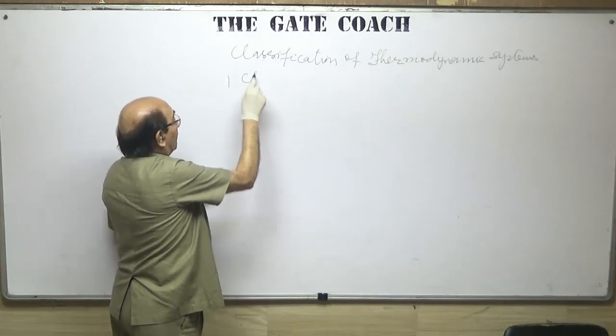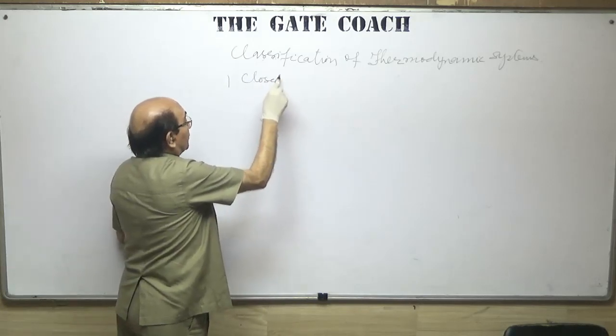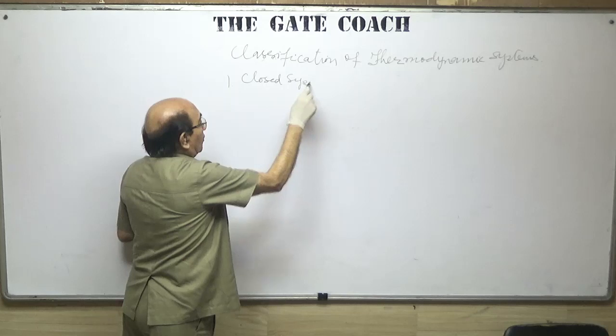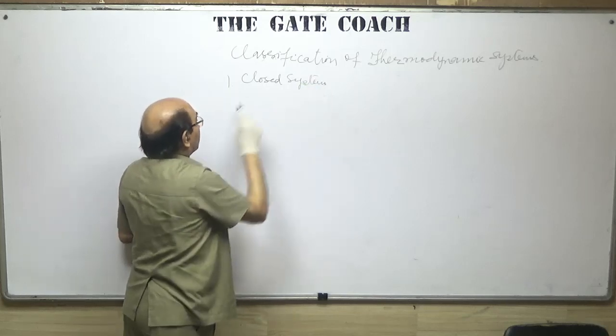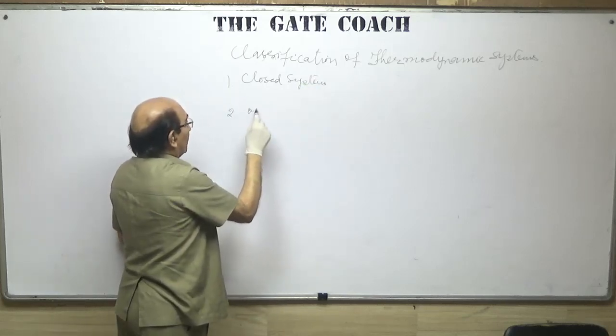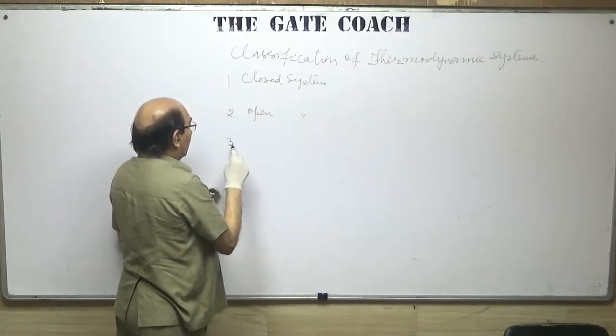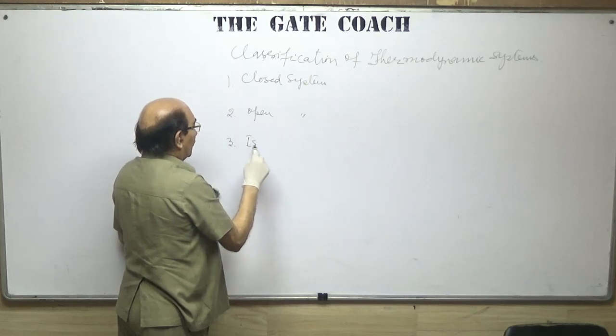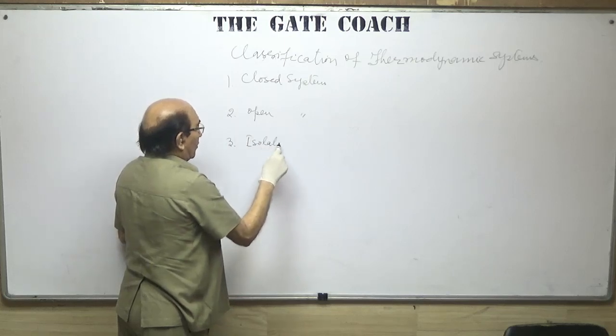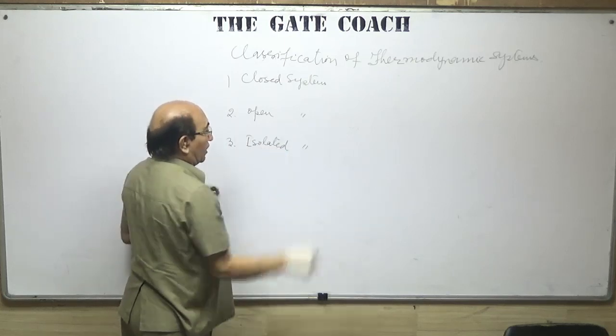We can have three systems, namely a closed system, open system, and isolated system.